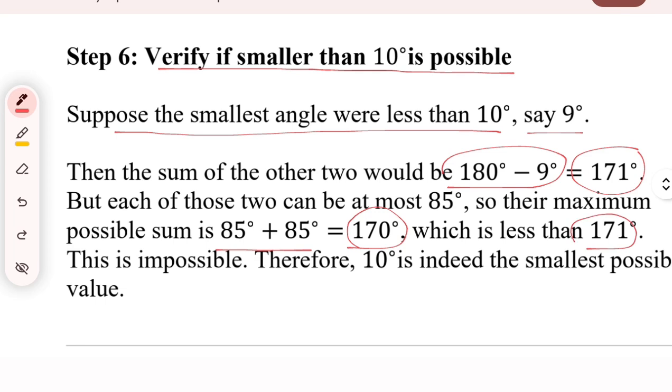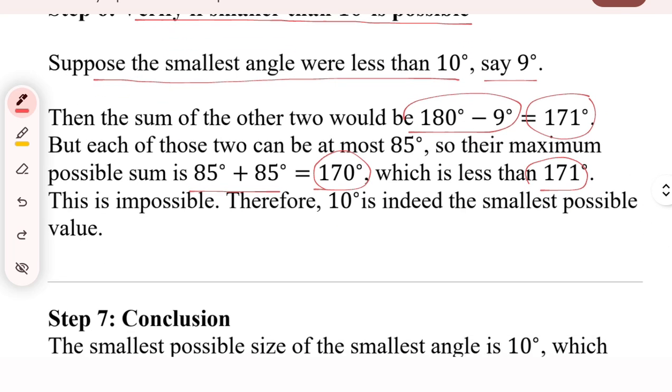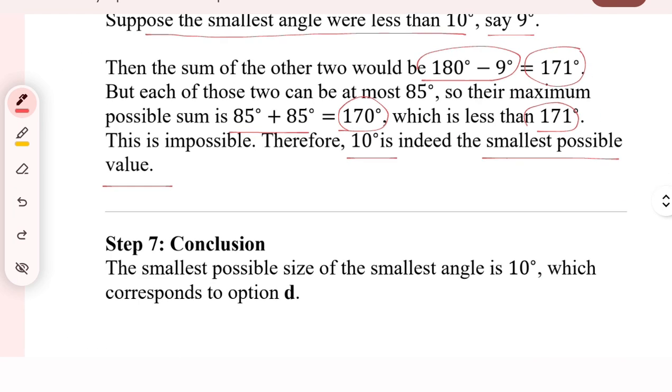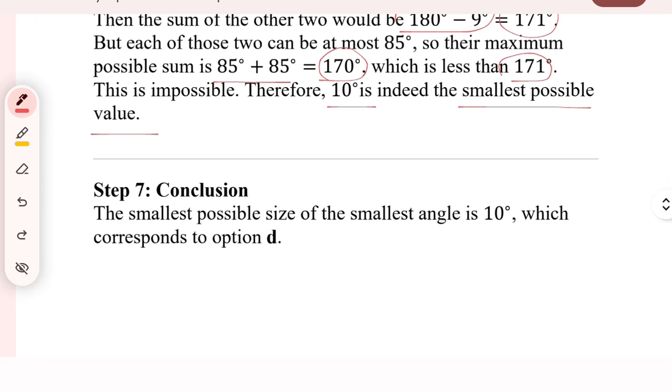If it is 171, that is wrong because the summation of the interior angles cannot exceed 180. So therefore, 10 degrees is indeed the smallest possible value that we could compute. The other two angles would be 85 degrees and the last one should be 10 degrees. So the conclusion: the smallest possible size of the smallest angle is 10 degrees, which corresponds to option letter D.